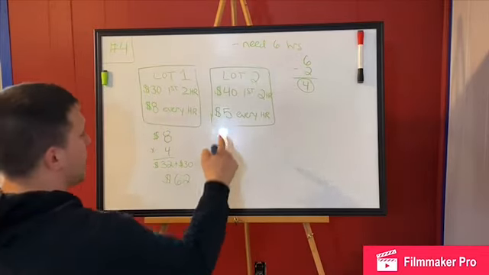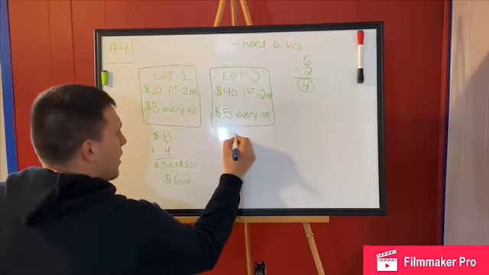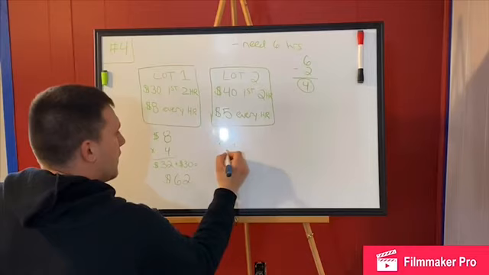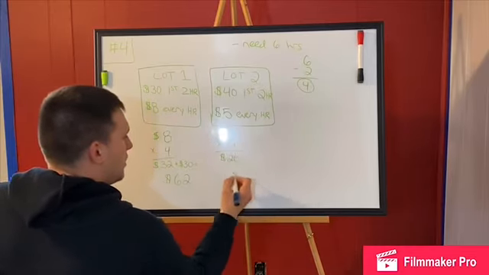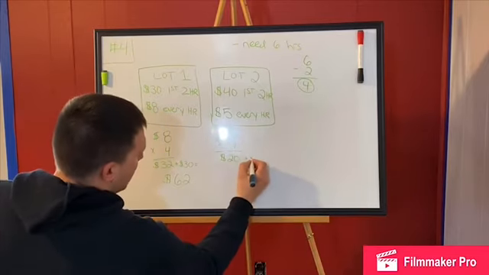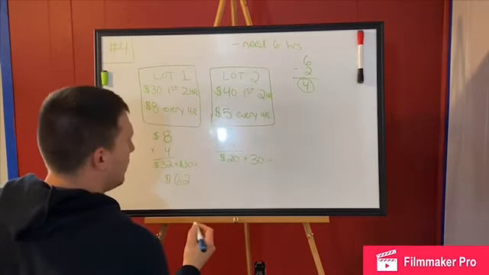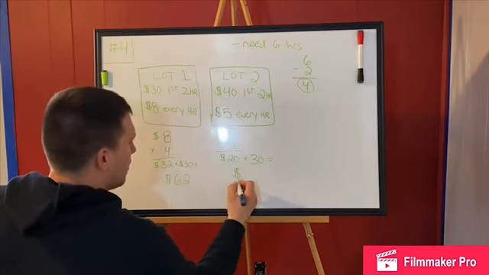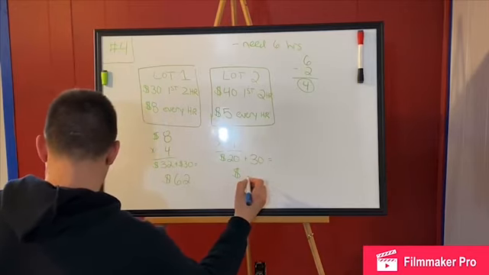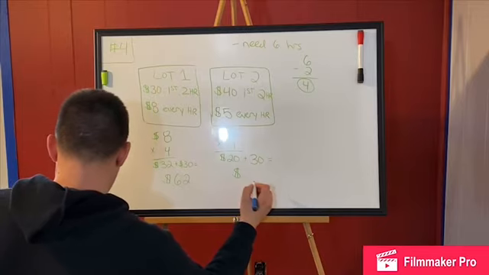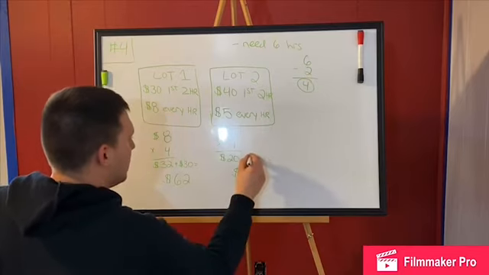We're going to do the same thing over here, except this lot charges $5. So that 5 times 4 gives us $20. We add it to the original, I made a mistake there.